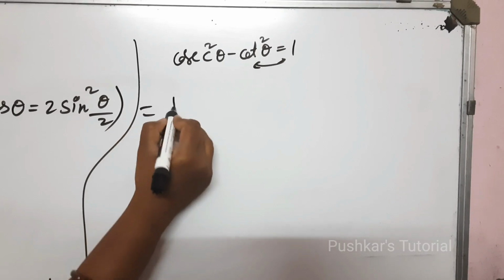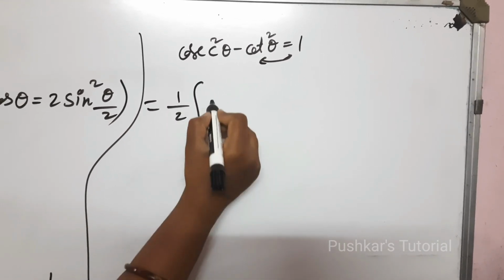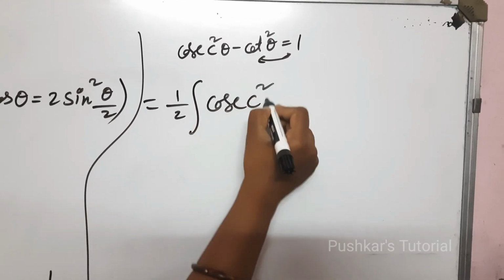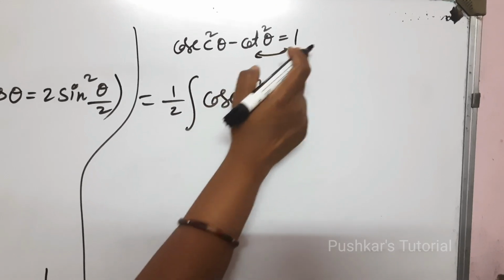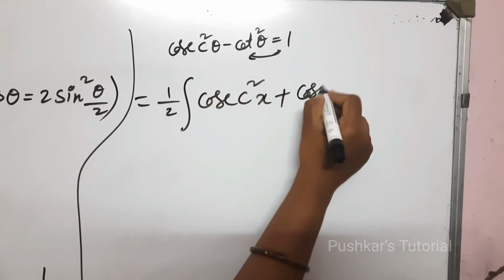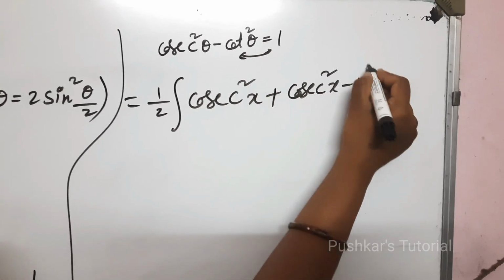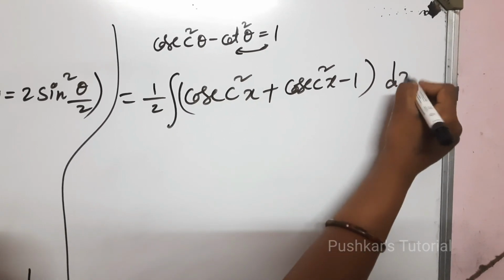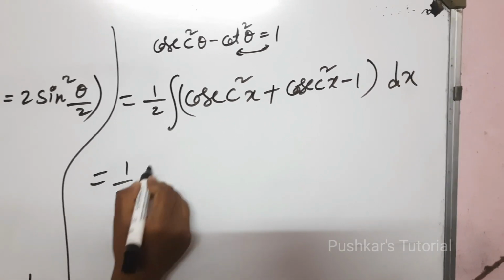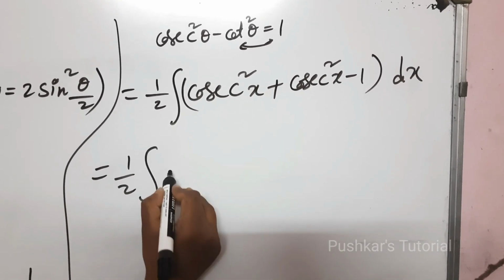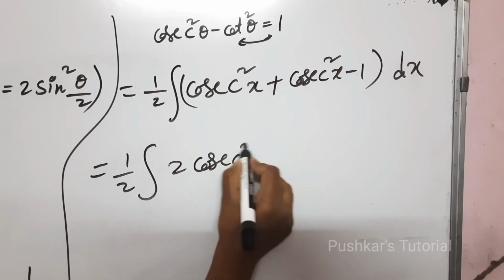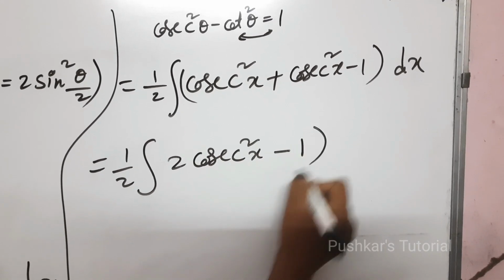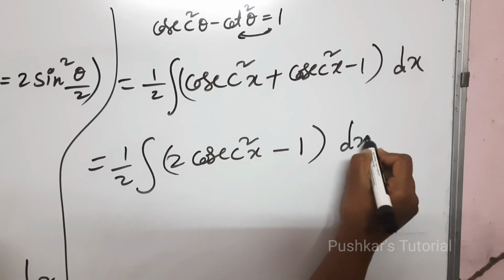So here 1 by 2 as it is, integration of cosecant square x as it is. Instead of cot square we can write cosecant square x minus 1 into dx. So integration of cosecant square plus cosecant square, that is 2 cosecant square x minus 1 into dx.